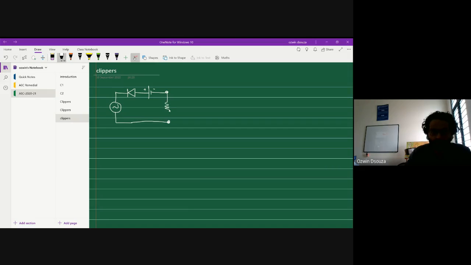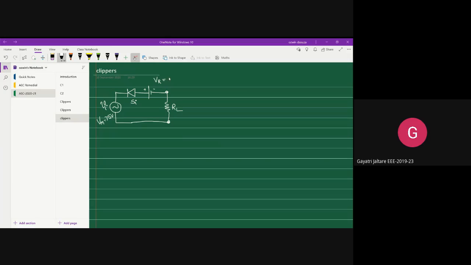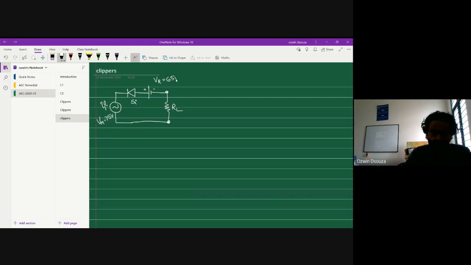And here is your load resistor, RL, and this is your input. The input is given with a maximum value of 75 volts, and the diode is made of silicon. And let us consider the reference voltage as, let's say, 65 volts. Let me assume it as the reference voltage.